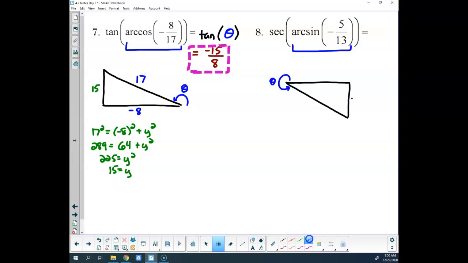Sine would be -5 there. 13 would be my hypotenuse there. We already did that one. That's a 12 then. So this would become secant of theta. So secant of theta, that's what? 1 over the cosine of theta.